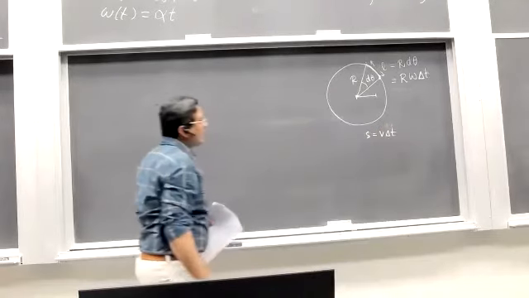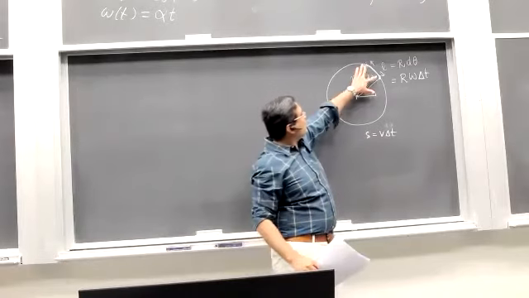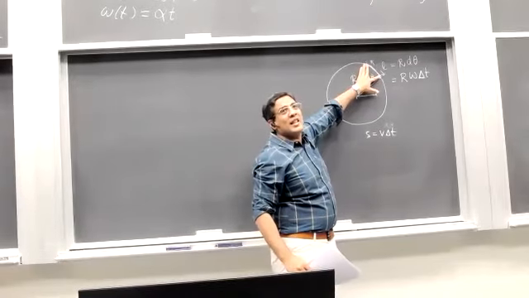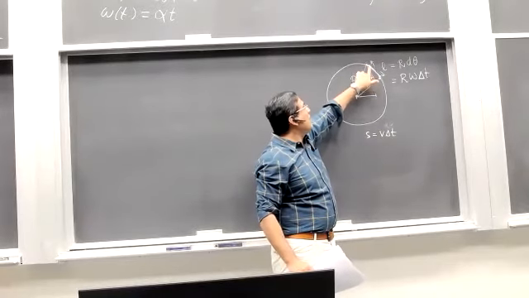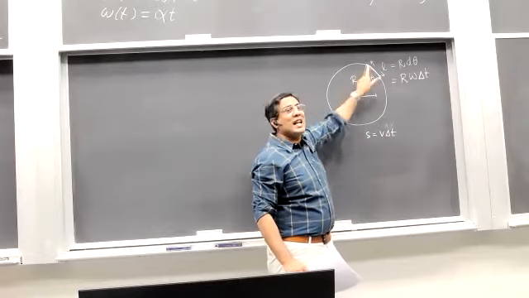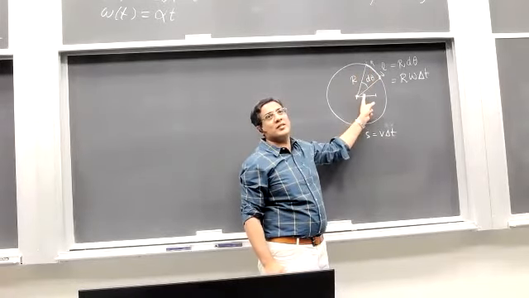And this is the mathematical condition for moving without skidding, when the distance that a point on the surface of this object or sphere travels is the same as the distance of the center of mass of the translating object. Okay.